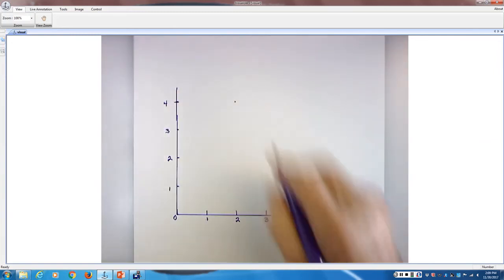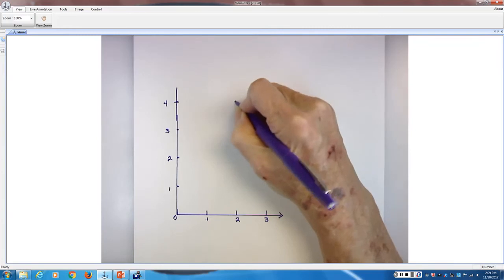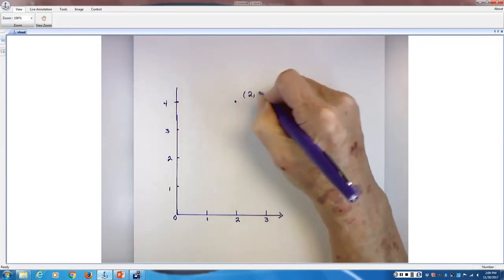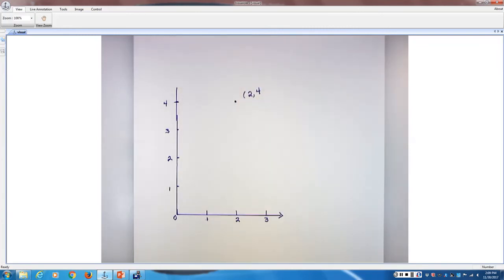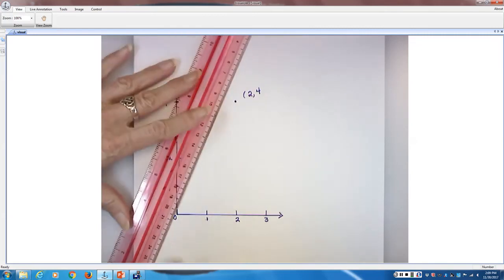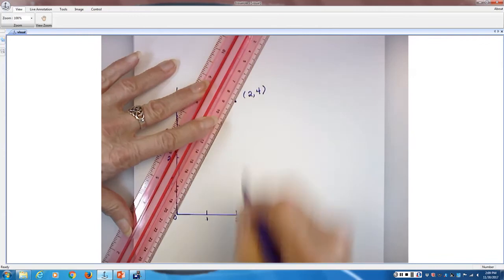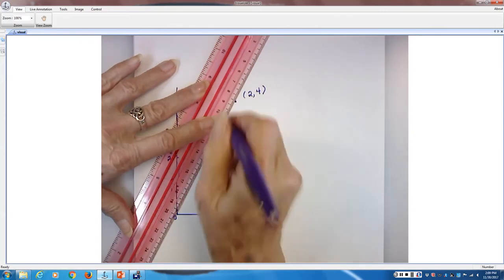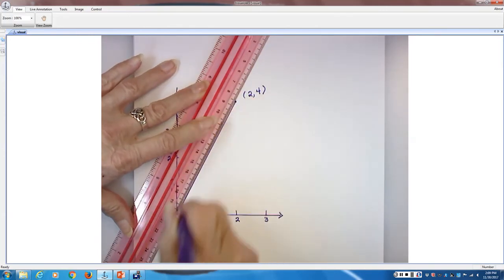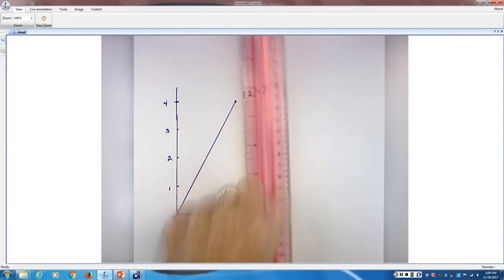Right there's the point 2, 4. And even though I could plot points all the way, I know the rest of it is a straight line that goes through 0, 0, and 2, 4. So I'll just draw that line.